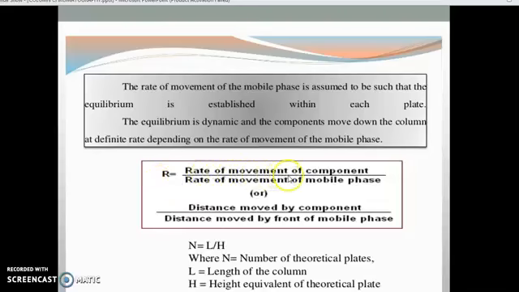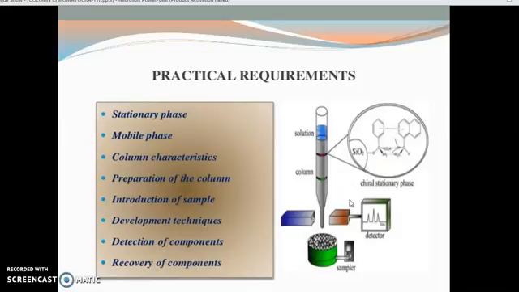The rate of movement of components and the rate of movement of the mobile phase gives what we call the Rf value. It means the rate-dependent factor of movement.